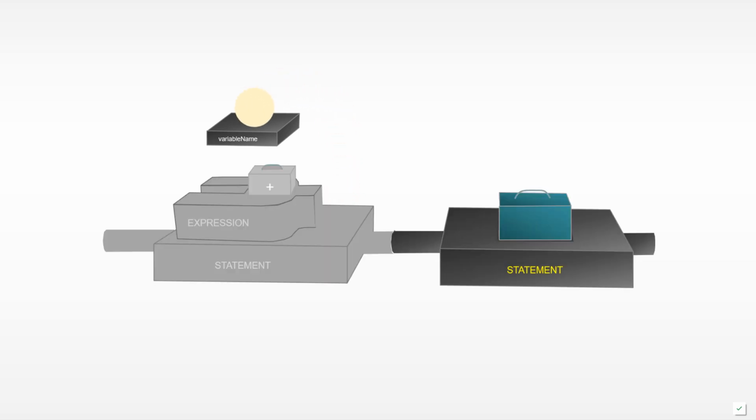Or you can then take this variable and do something else to it. For example, show it in the console. Both of these steps would be examples of statements, which are individual actions. If you think about it, we did a couple of individual steps to get to where we ended up with, showing something in the console. Both of these things were statements.